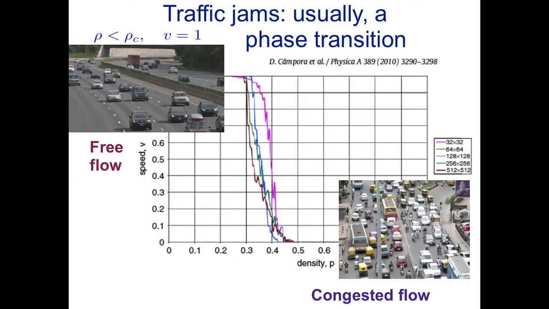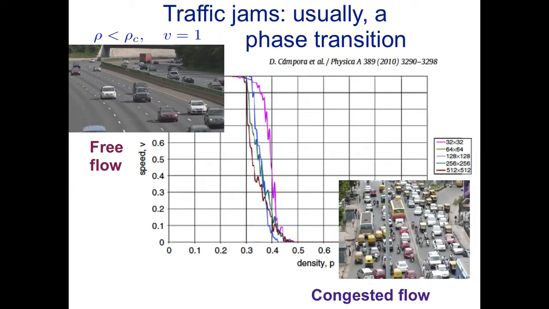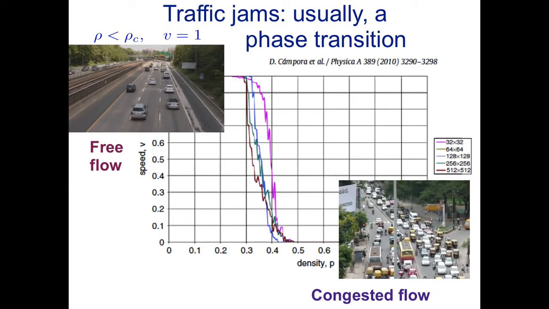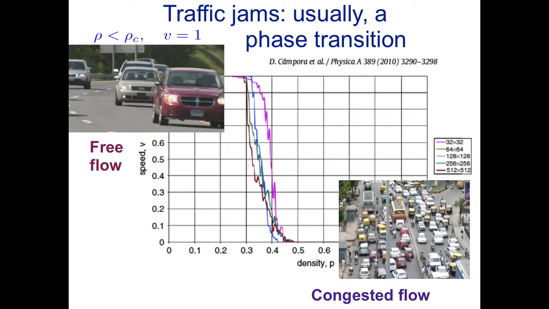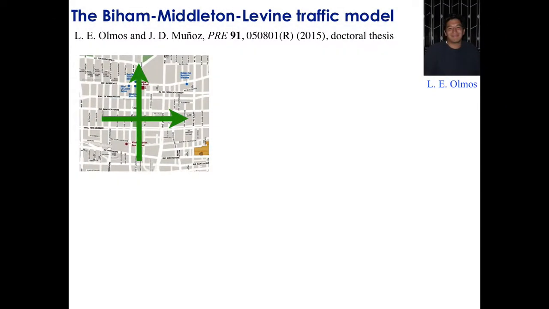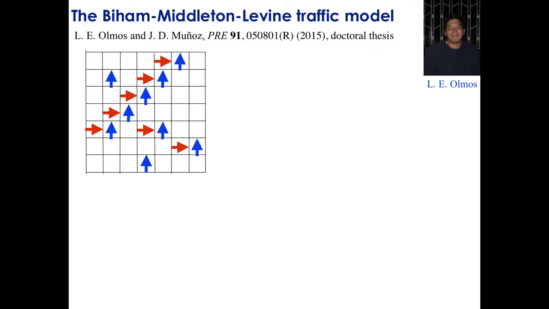We have also used these models in 2D and also on nets to study traffic jams, which is usually a phase transition between free flow and congested flow. But there are some basic models to study that. For instance, if you think of a square lattice, as in Manhattan, one very simple model proposed for that is called the Biham-Middleton-Levine model, where you have only cars moving to the right and moving to the north.